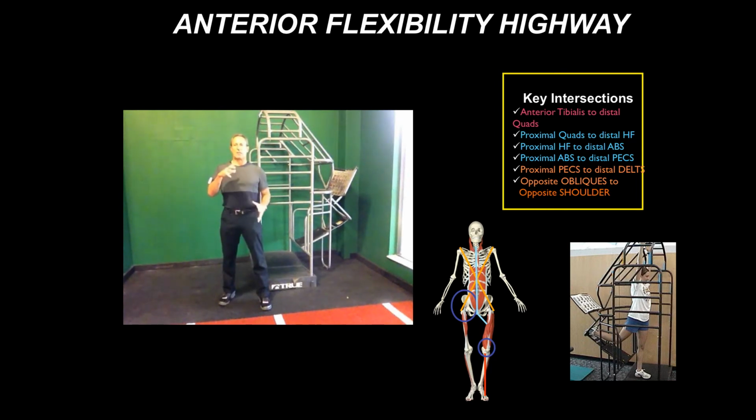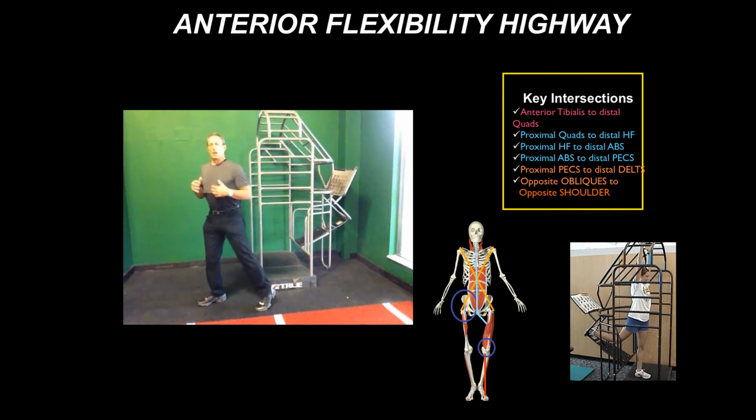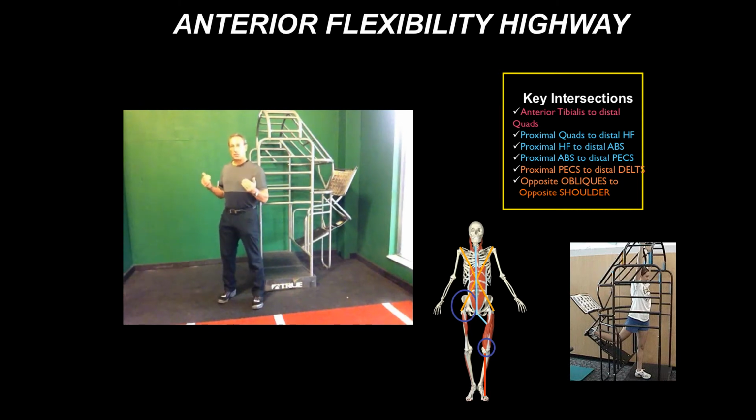So I want to look and see what kind of extension we have, and at the same time, it's very important that I stretch the same side calf with the same side hip flexor, because if one gets limited in motion, it's going to affect the other and vice versa. So again, anterior flexibility highway promotes extension moments.